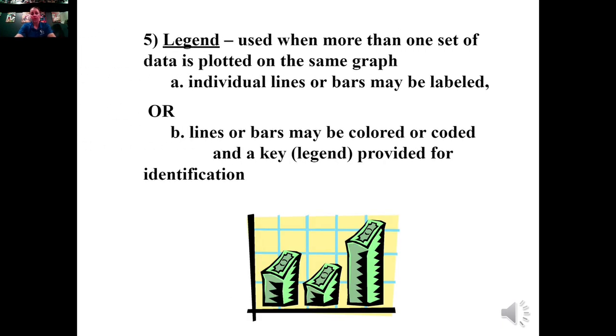If you're doing a pie graph, sometimes with bar graphs, and even with line graphs, sometimes you need a legend, similar to a map legend. If it's a double bar graph, you're going to show this color represents this data, and this color represents the other data. Other options are that lines and bars can be individually labeled. Sometimes that can make your graph look a little messy.